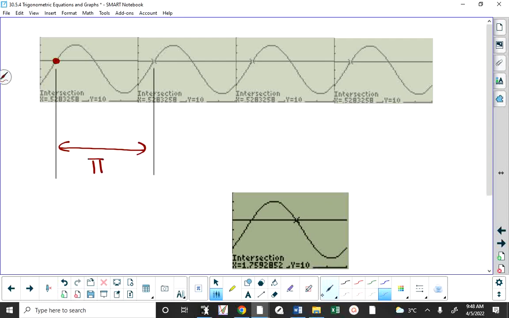Which means the solutions from 0 to pi would be x equals 0.53 and x equals 1.76, but the solution over all real numbers would be that. So what you're doing with these equations that need to be solved graphically is you're finding the solutions in one period, and then you're adding multiples of the period to get the rest of the solutions. If it says over all real numbers, and it may not.